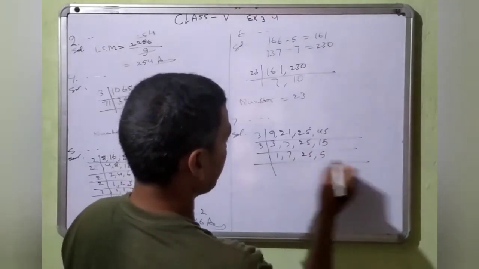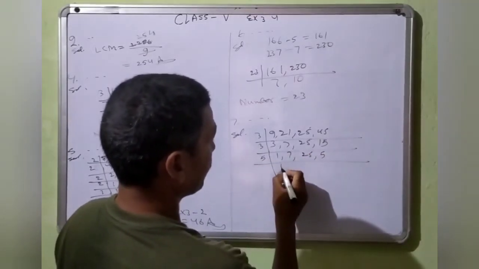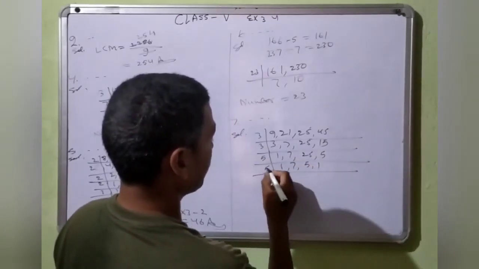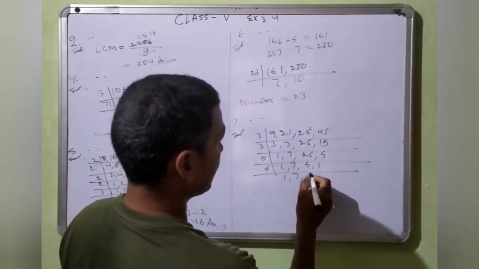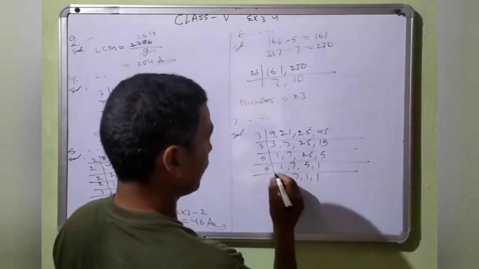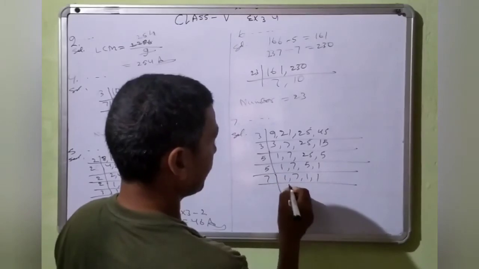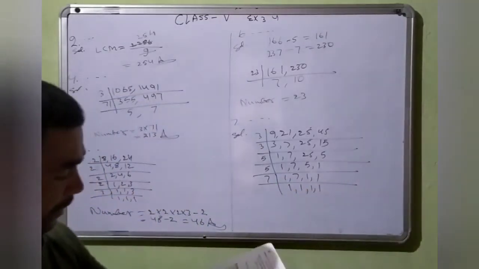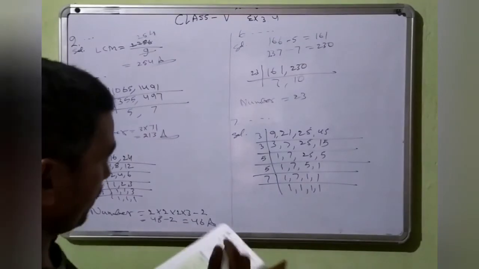By 5, 1, 7, 5, 1. Again by 5, 1, 7, 1. By 7, 1, 1, 1, 1.